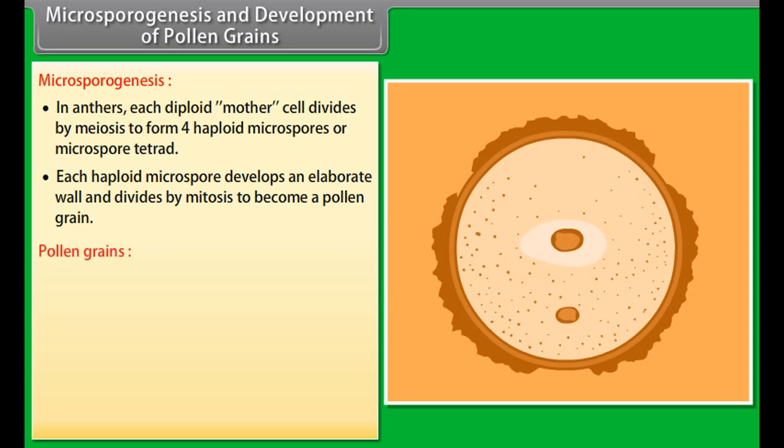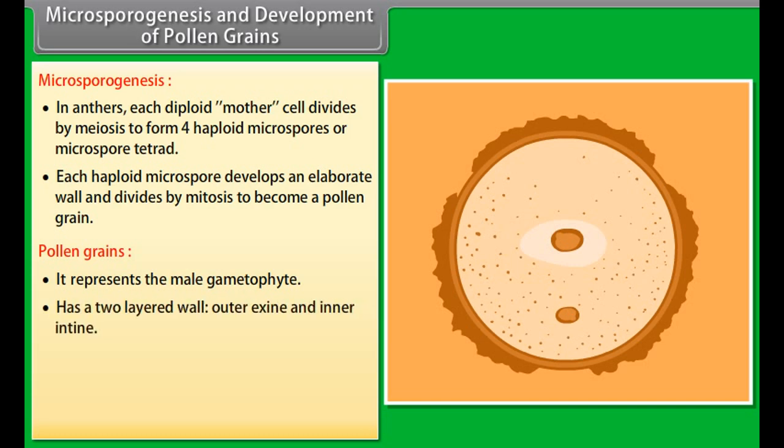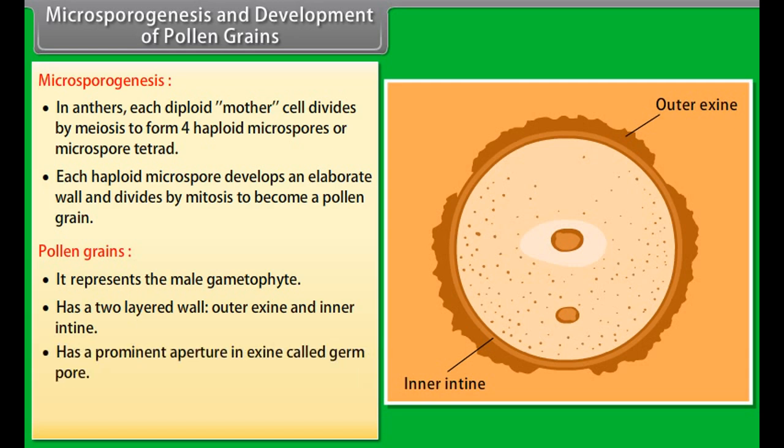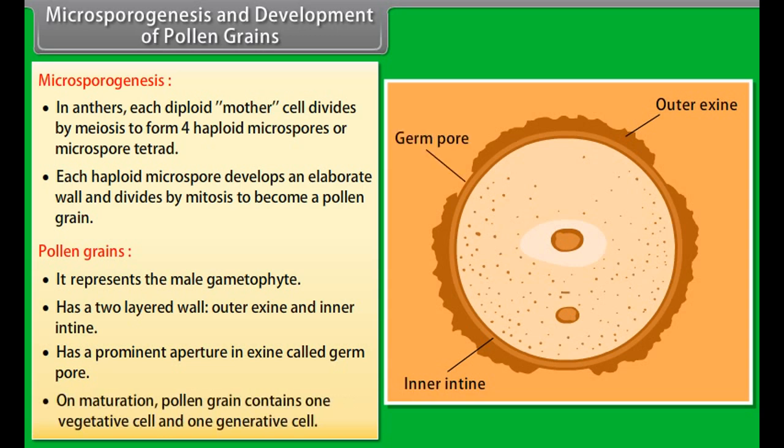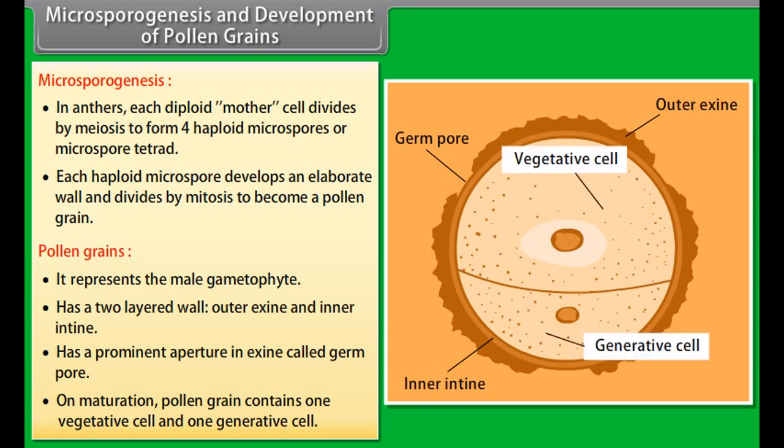Pollen grains represent the male gametophyte. Each has a two-layered wall, outer exine and inner intine, and a prominent aperture in the exine called the germ pore. On maturation, the pollen grain contains one vegetative cell and one generative cell.